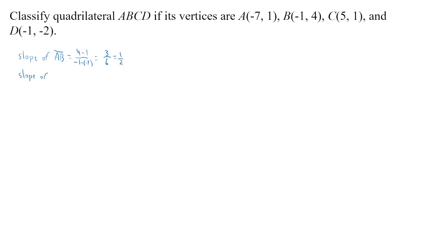We have the slope of segment BC, and this is 1 minus 4 over 5 minus negative 1. So this is negative 3 over 6, which is negative 1/2.